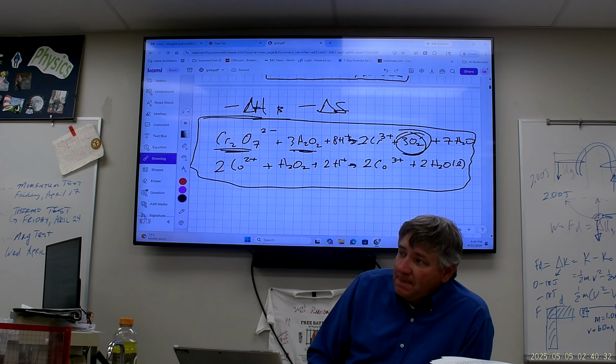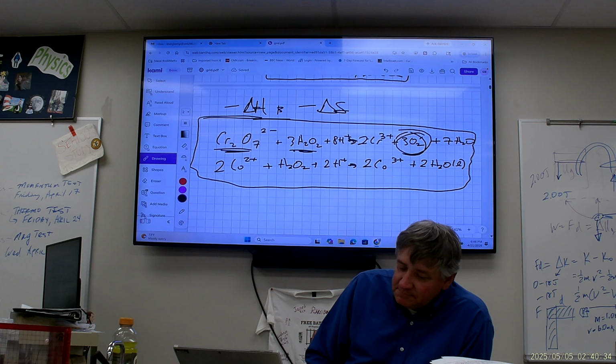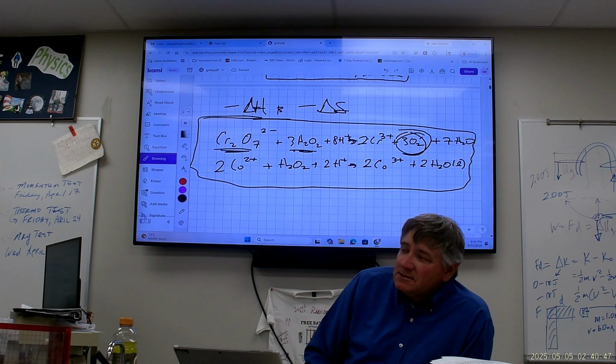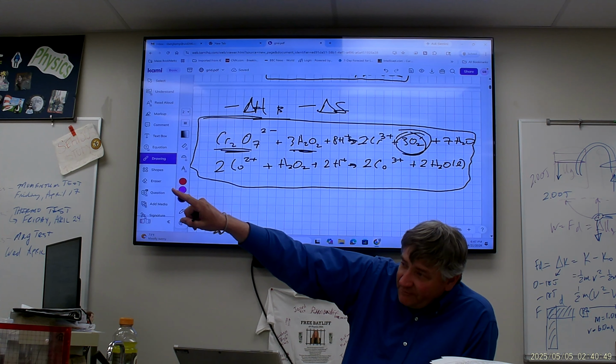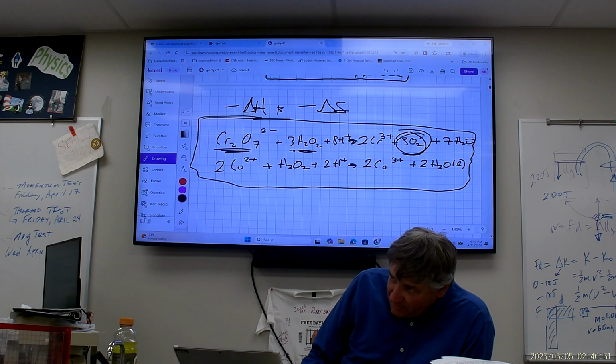But there's H2O2 on the left. We need the electrons on the right side, because in the other one we have electrons on the left side. You have to have electrons on both sides. So if one of them is going to go in the forward direction, one of them has to get reversed.